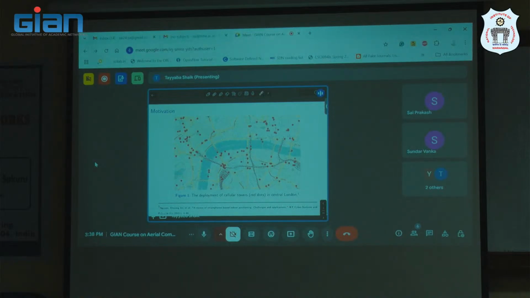So let us start with a brief recap of what was previously presented by Professor Sundar. The first picture that you see here is a real-time deployment of cellular base stations in central London.